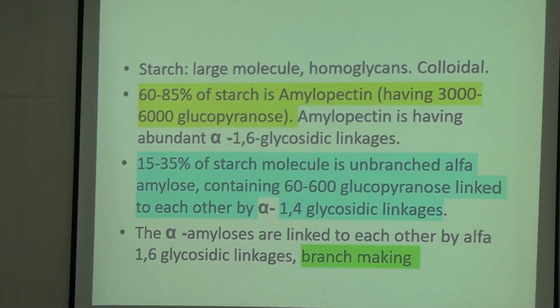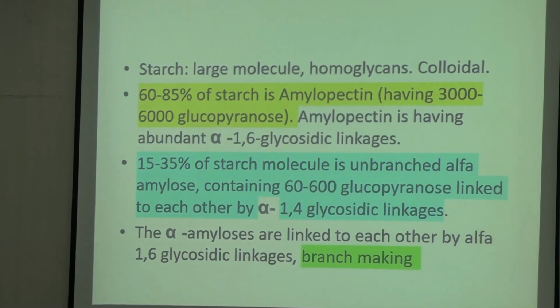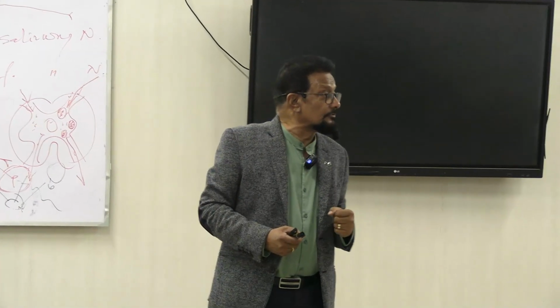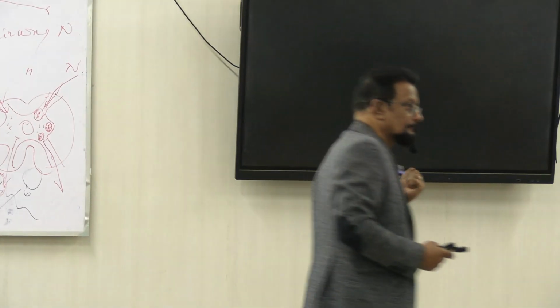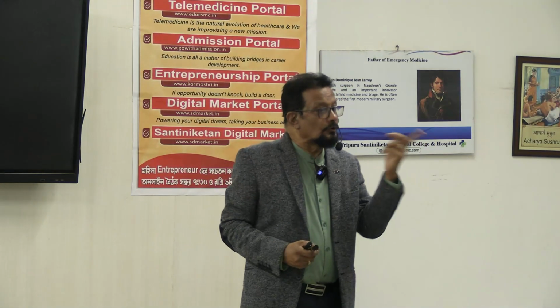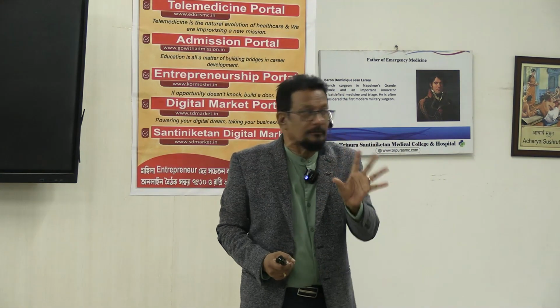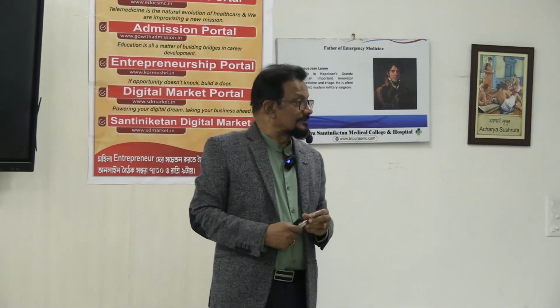You will not find other monosaccharides. You will not find fructose, galactose, ribose or deoxyribose. So the only thing you will get is one type of monosaccharide. So this type of carbohydrates are called homoglycans.